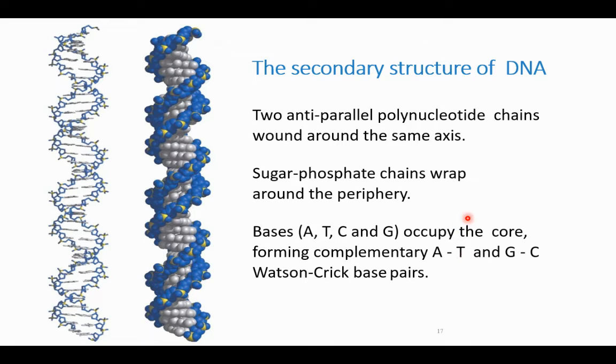The sugar phosphate chains wrap around the periphery, which protects the bases inside, and inside are their complementary bases. This was identified by Watson and Crick when they were able to get the structure of the DNA.